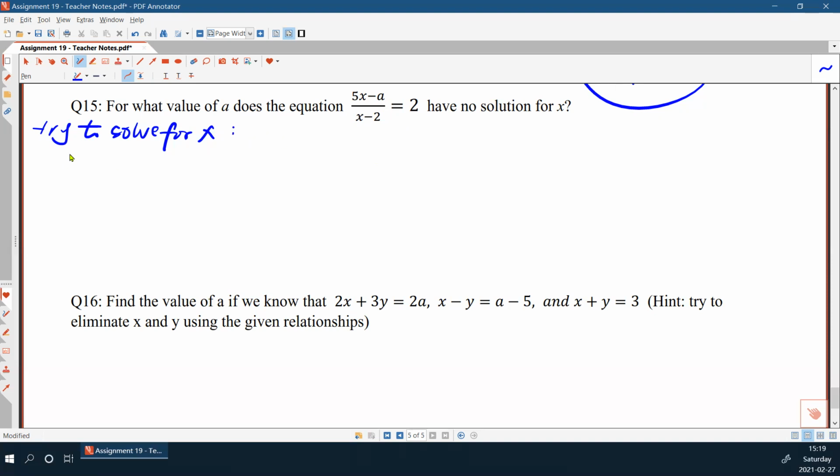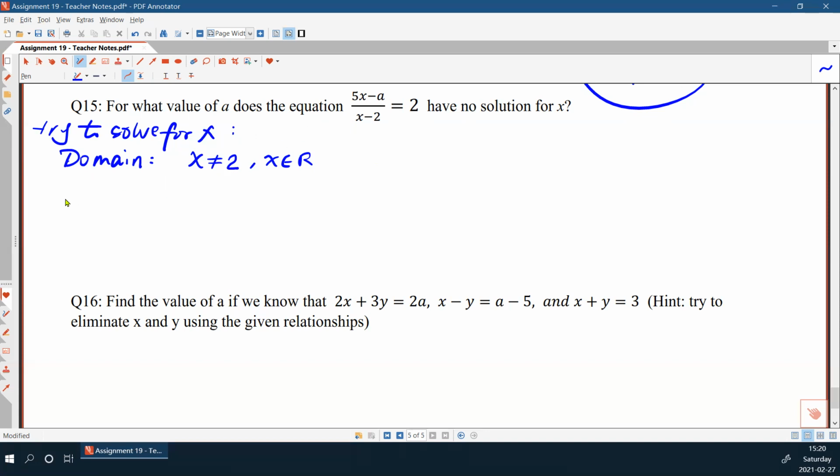Before we do this, pay attention to the domain, because you have an x in the denominator. If you have an x in the denominator, always pay attention to the domain. So the domain here is that x cannot be equal to 2, otherwise x could be any real number.